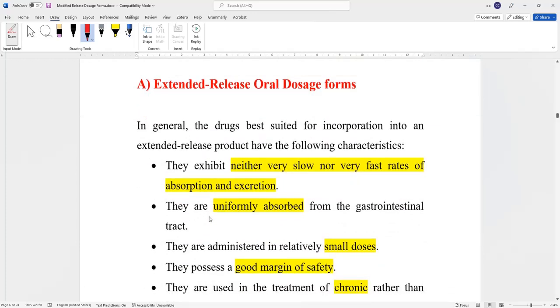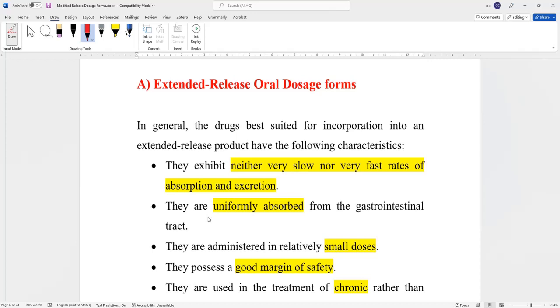Now we will talk about the extended release oral dosage forms, and we will give you examples. Before we give you examples, we need to talk about what type of drug is suited to be in an extended release formulation.